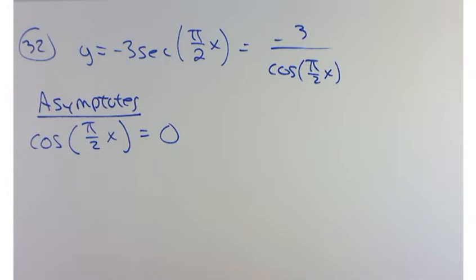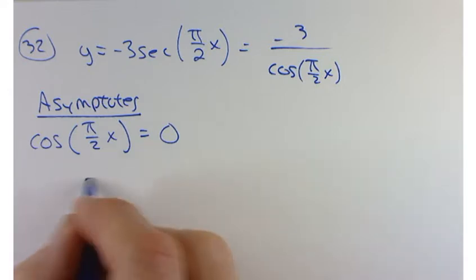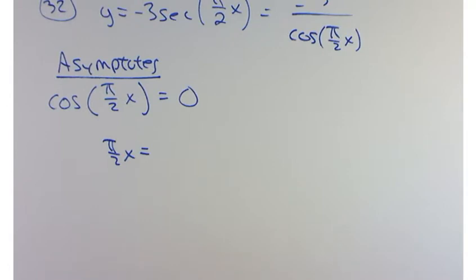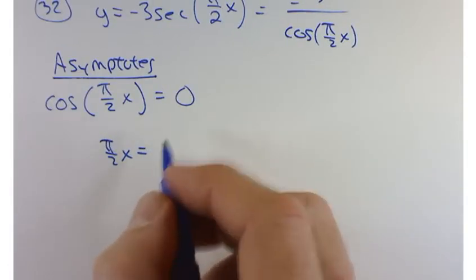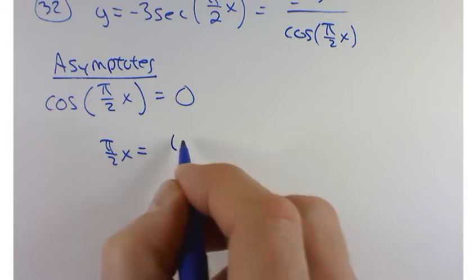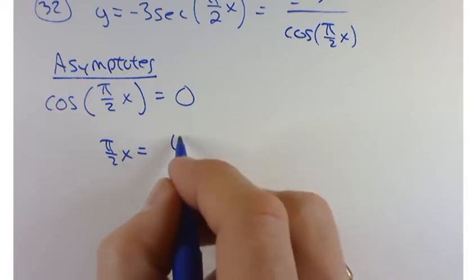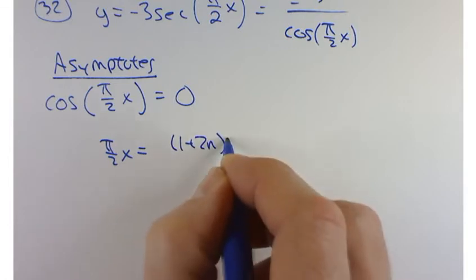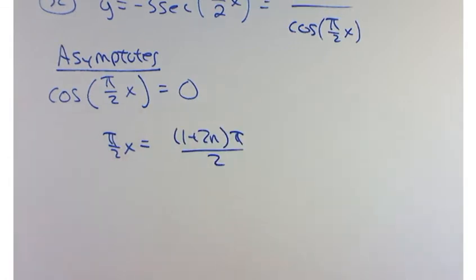In general, where does the cosine equal 0? 90, 270, 450, etc. So we solved that a little bit ago, and we came up with, let's see, which form do I want to use? We'll do 1 plus 2n times pi over 2.